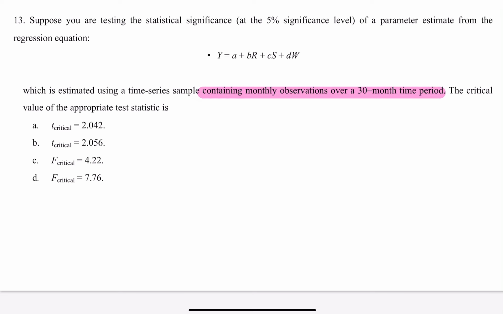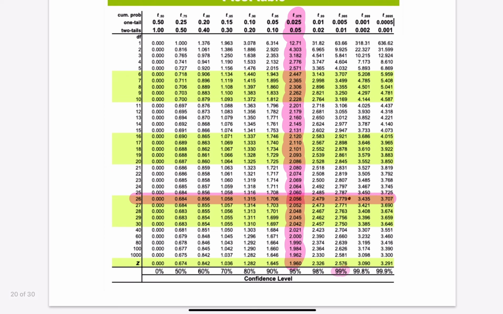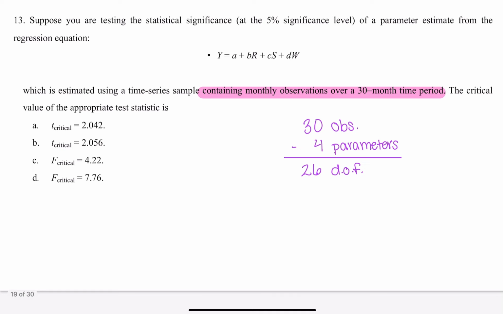The critical value of the appropriate t-test is, so we need our degrees of freedom, so it's going to be 30 months because there's 30 observations, minus 4 because we're estimating 4 parameters, which is going to give us 26 degrees of freedom at the 5% level. So we get that our critical value is 2.056.